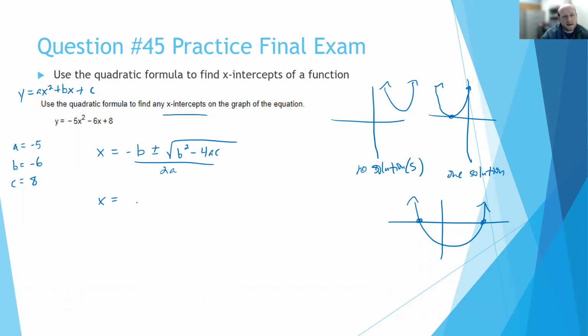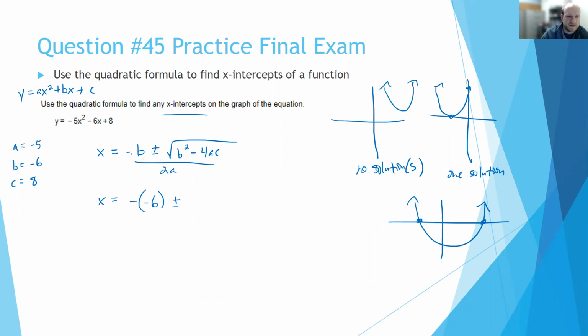But anyway, let's go back to this question. -b, we have a -6. So minus a -6, that's why I use the parentheses here, because I'm substituting in a negative.